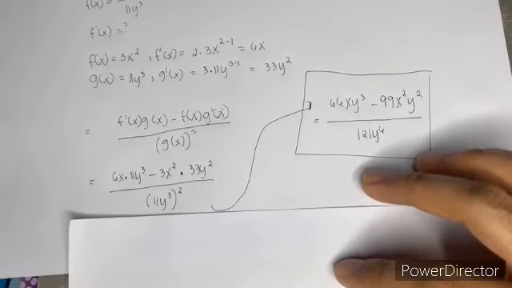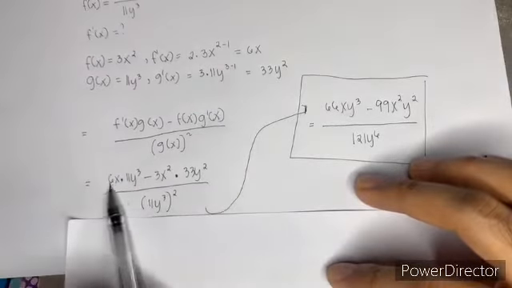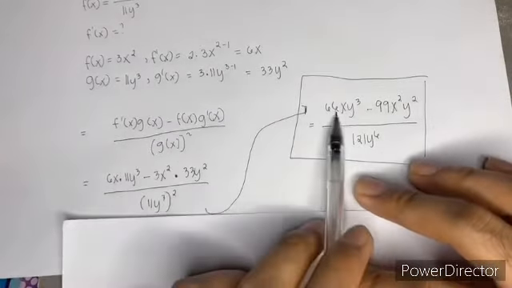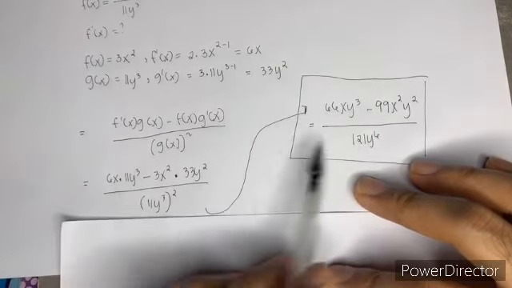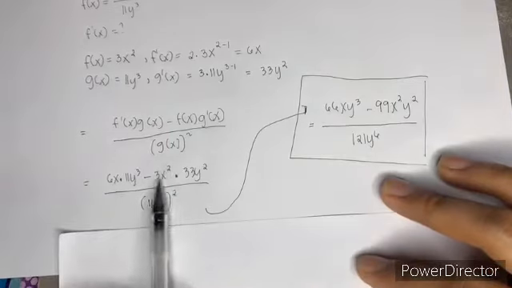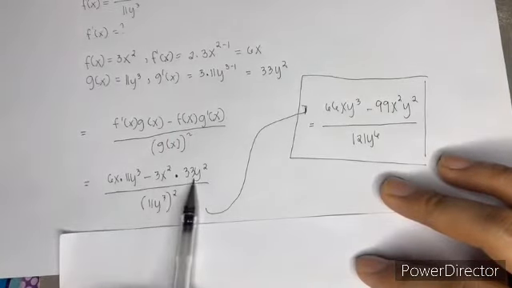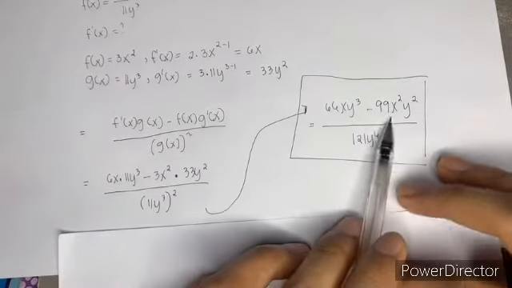What we will do is simplify their terms. So 6 times 11 is equal to 66. Copy the variables, the x and the y raised to 3, minus 3 times 33 is equal to 99.